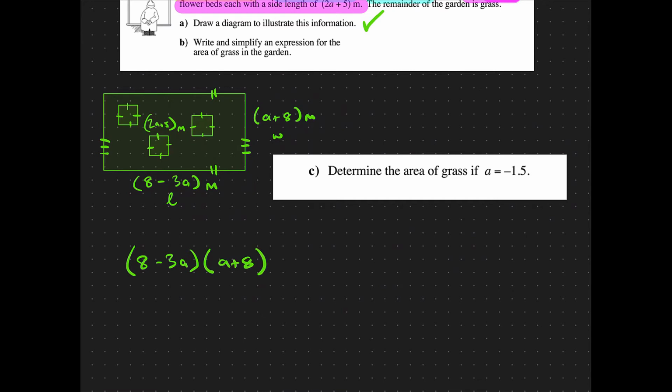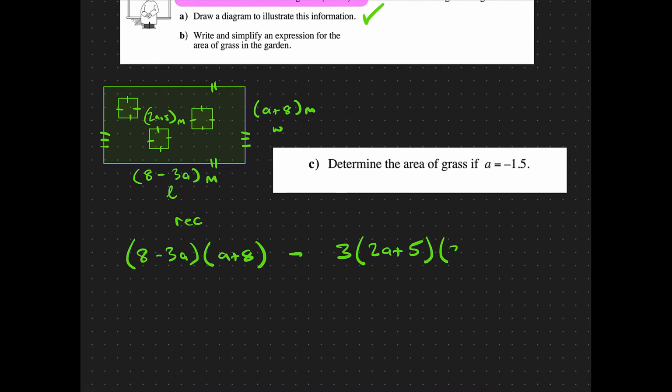So that's the big rectangle, and that's going to be minus 3 of the gardens, the area of those little flower pots or whatever they are, which is 2a plus 5 times 2a plus 5. So sort of like that.